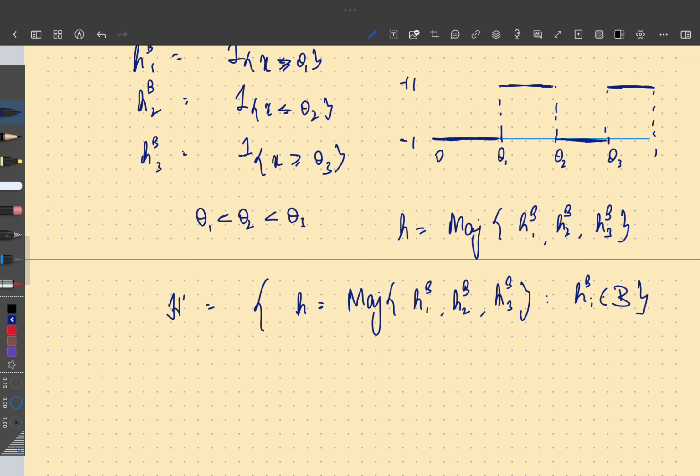And I can make this hypothesis class richer just by increasing the number of base predictors I take the majority of. If I take the majority of, let's say, 5 base predictors, then potentially I get something more. This is great because now you can increase the richness of this hypothesis class, so you can reduce the approximation error.